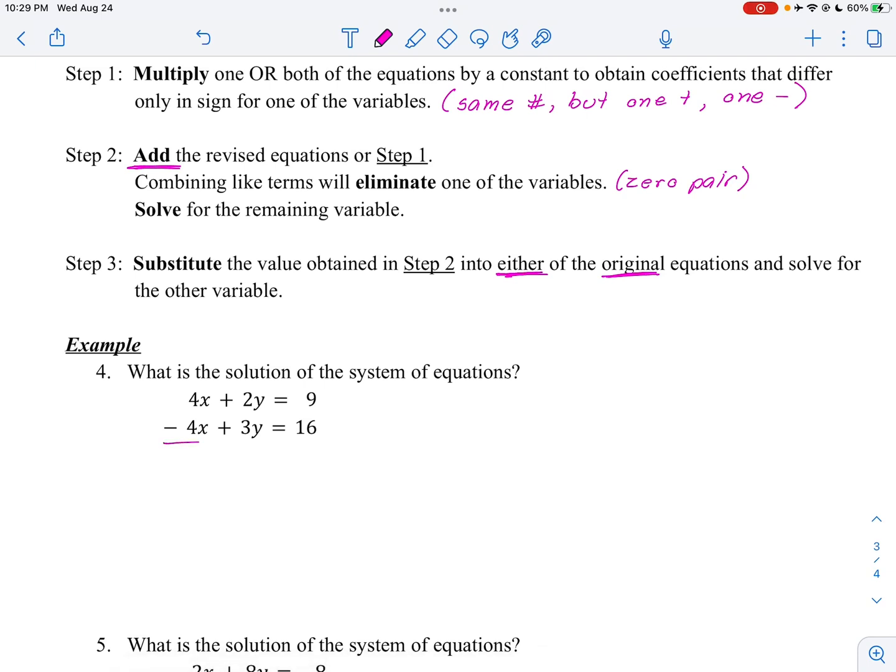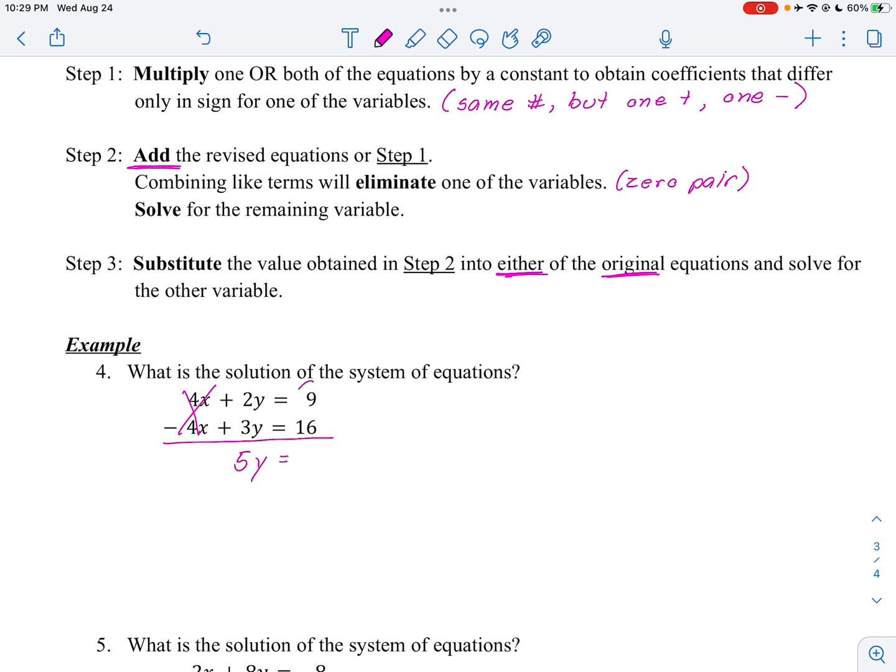I can go straight on to step 2, which is to combine the like terms or add the equations together. So when I take positive 4x and negative 4x, then those are gone. Then if I take my y's, if I add 2y and 3y, then that gives me 5y.